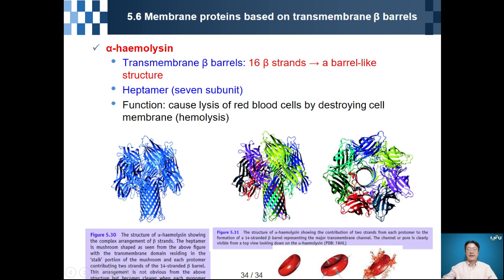So this is the head, and this is the tail region. The function is that they cause lysis of red blood cells, which we call hemolysis, by destroying the cell membrane. This tail group, the transmembrane beta barrel, can be inserted into the membrane of the red blood cell, and they will induce the lysis of the red blood cell.